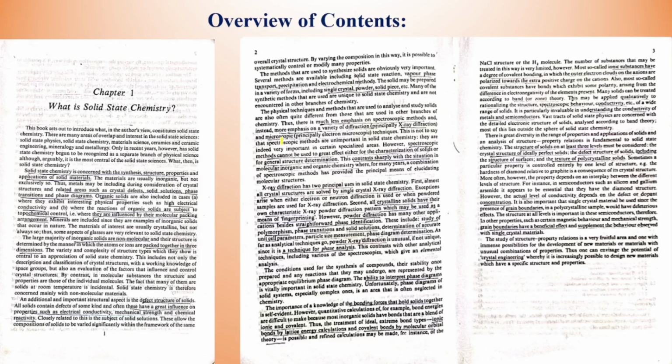The first chapter is, what is solid state chemistry? This is an introduction for the readers about solid state chemistry. What's the intention of the author? He wants to bring solid state chemistry into an important role and relevance in the studies of chemistry.